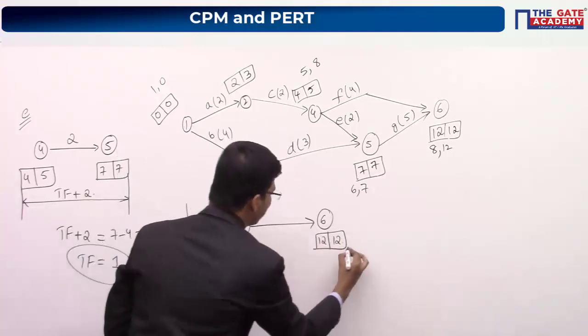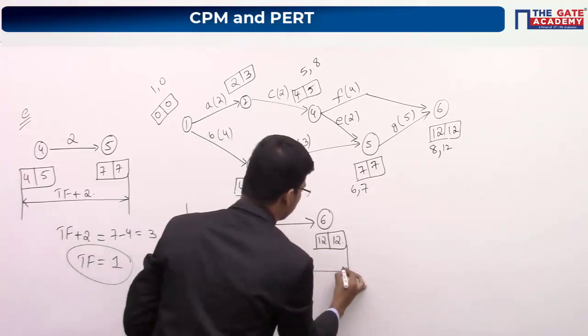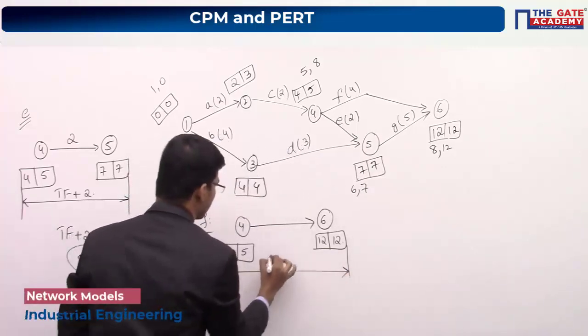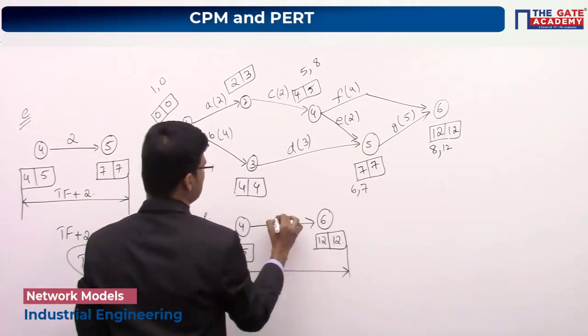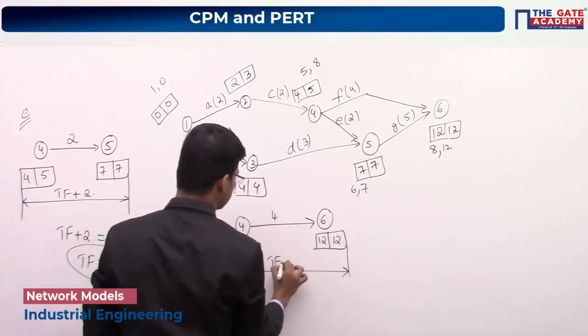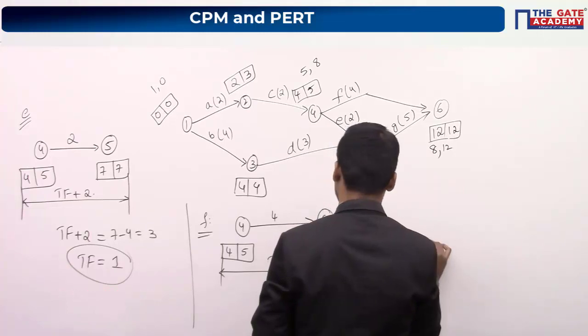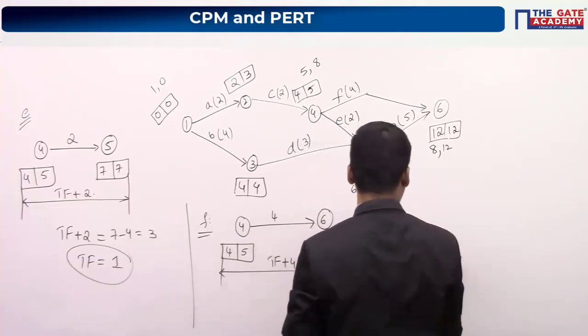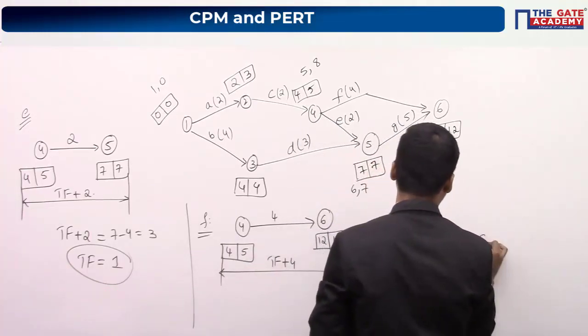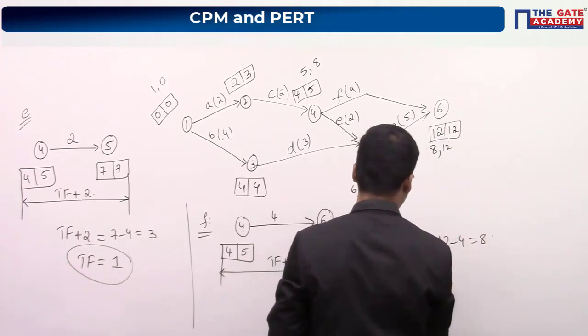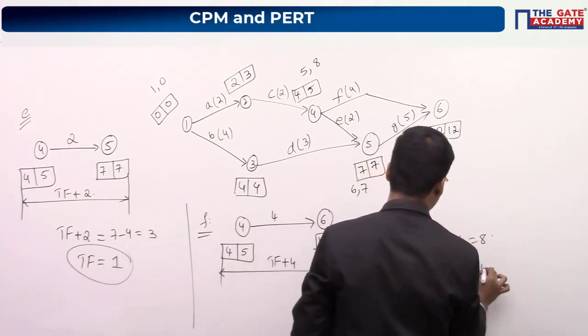Again they are asking us to find the total float value only. So take this diagrammatic representation. The Dij value is 4, so total float plus 4 is equal to 12 minus 4, which is 8. So total float will be 8 minus 4, which will be 4.